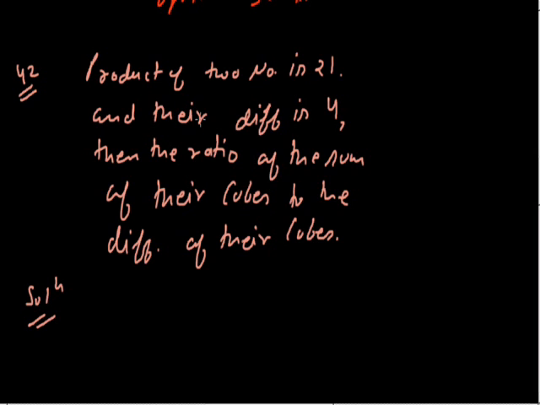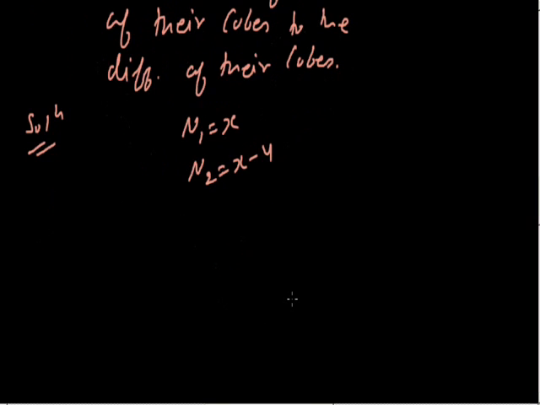It is given that the product of the two numbers is 21 and their difference is 4. Let's say the first number is x, then the second number is x minus 4. The product n1 times n2 equals 21, that is x(x minus 4) equals 21.